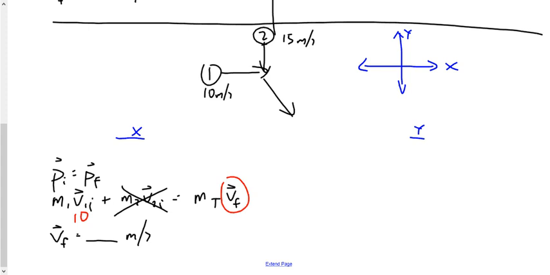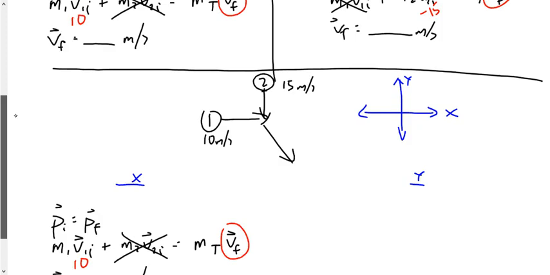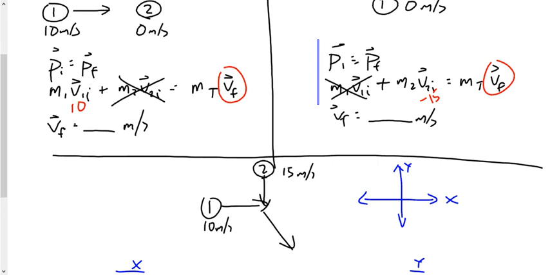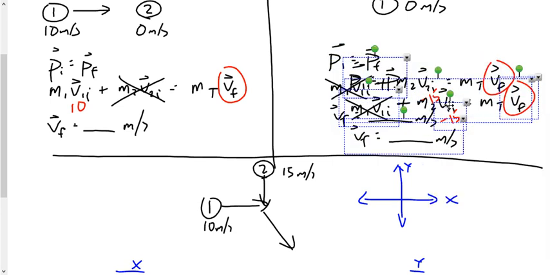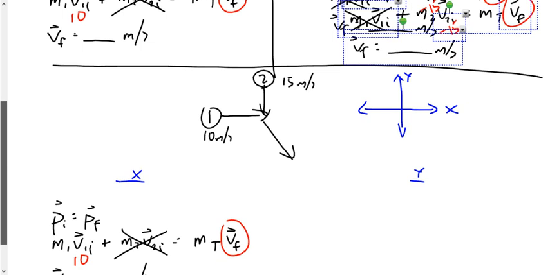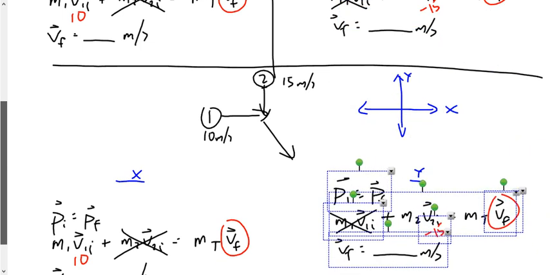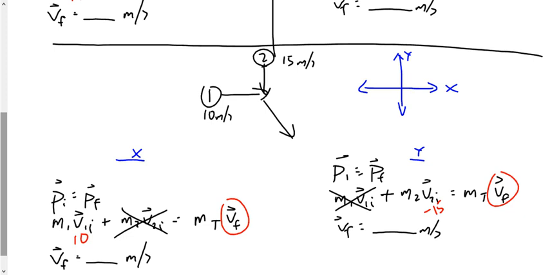Now let's take a look at the y component. If we look at just the y component, then we end up with something that looks like this. It's exactly the same as the second problem that we had up on the board. If we're looking at the y-axis, how much of this 10 meters per second right here is on the y-axis?